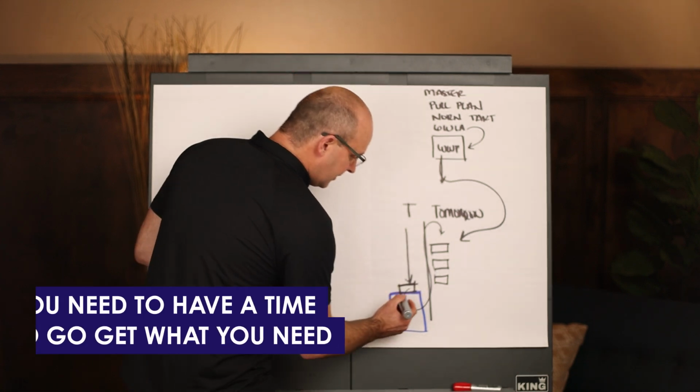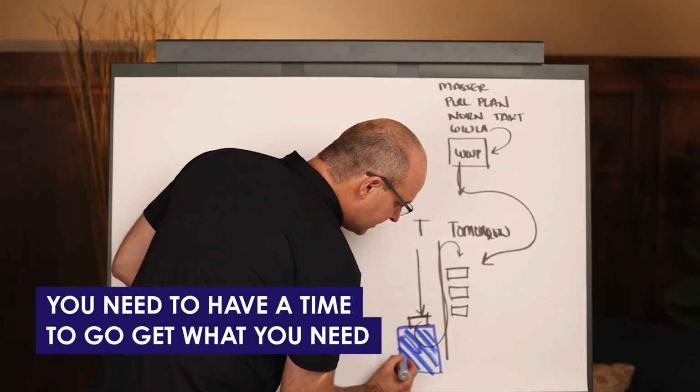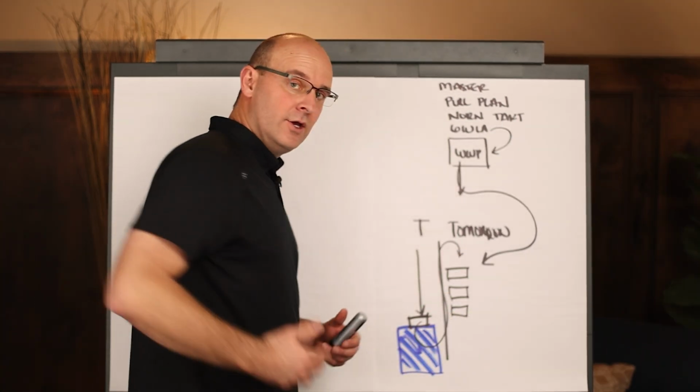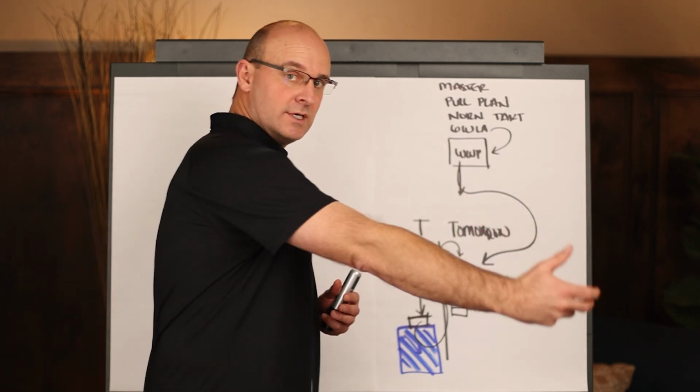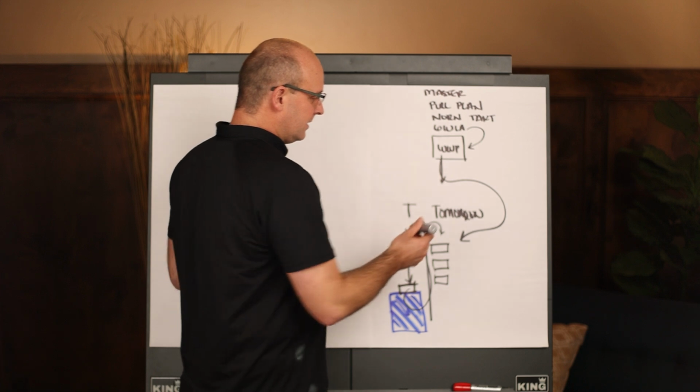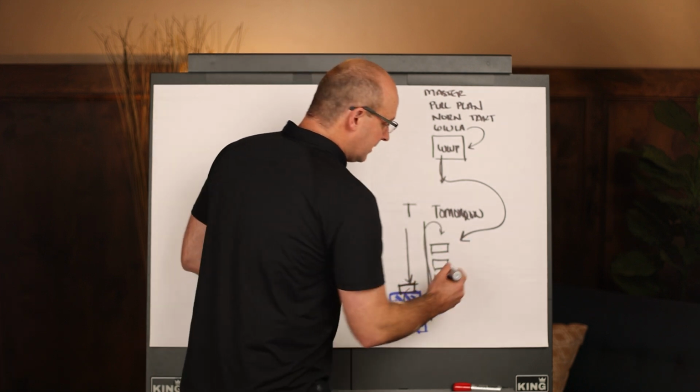We really need you to have time to go get what you need so that when you're working on site with your crews in the morning, you can go to work in that most productive time and lead your crew.